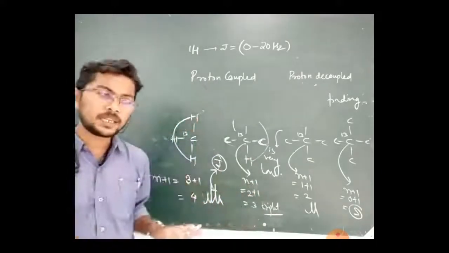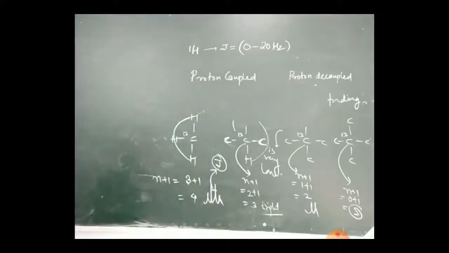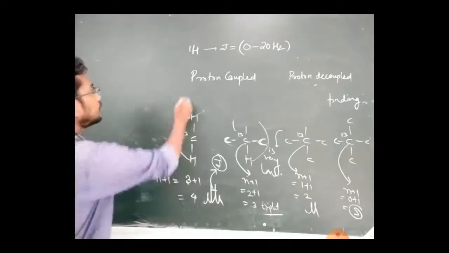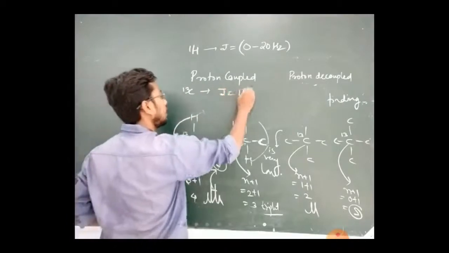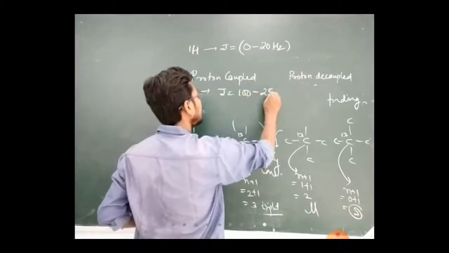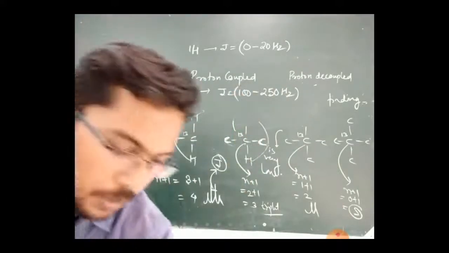But whatever the range, it is within this 0 to 20 Hertz. But for carbon 13, the J value is around 100 to 250 Hertz. The range is 100 to 250 Hertz.